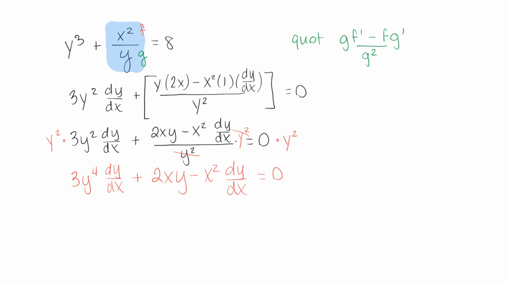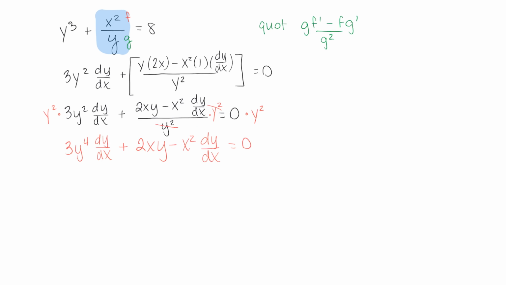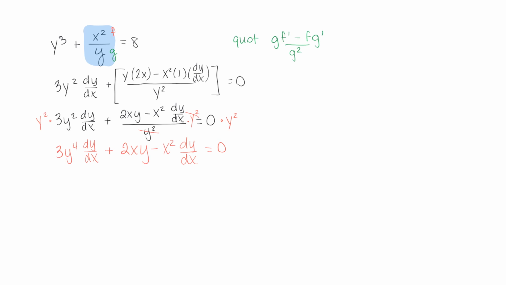Okay, now we need to do what we've been doing, and we're going to get rid of everything that doesn't have a dy dx. So that means I'm going to keep the dy dx's on the left side, and I'm going to move my 2xy to the other side.